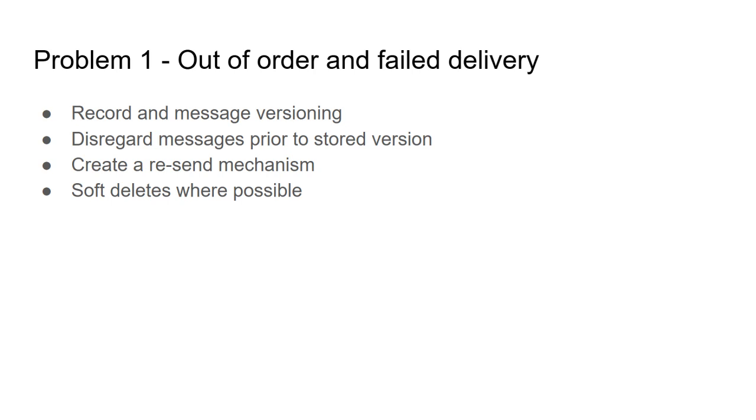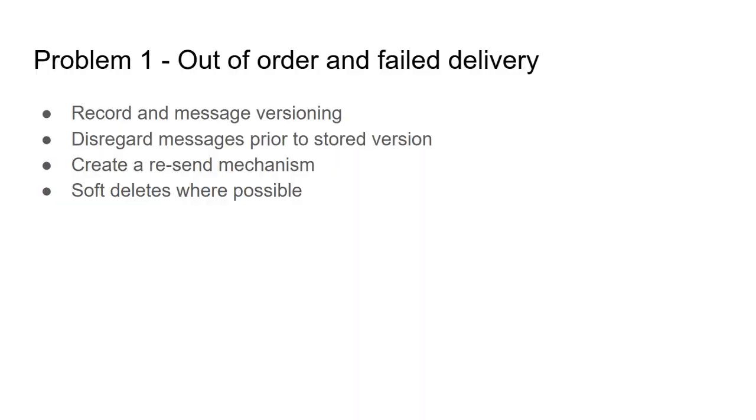For failed delivery, well, the best thing you can do is create a resend mechanism, and that means that you don't have to necessarily deal with the message correctly the first time, and particularly if you've got a human in the loop, then you might be able to re-trigger it to send.